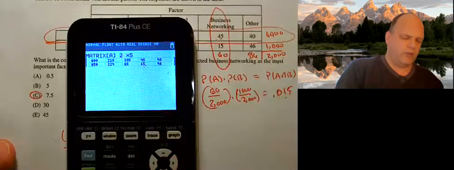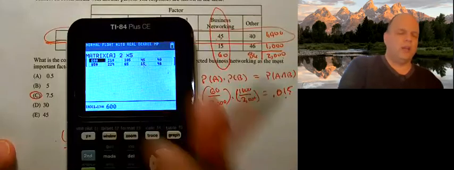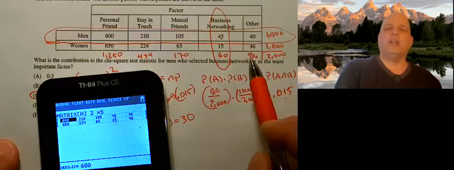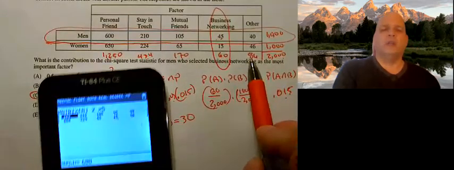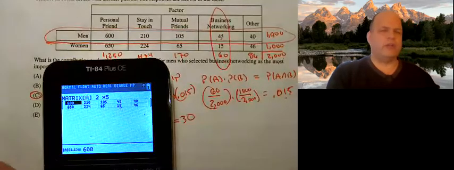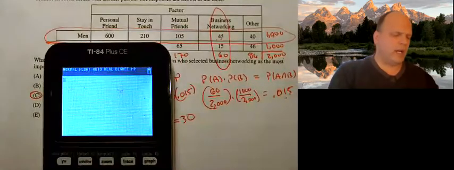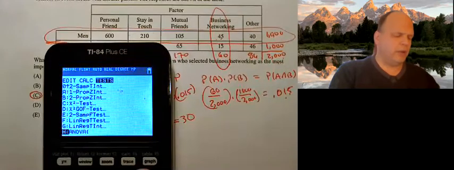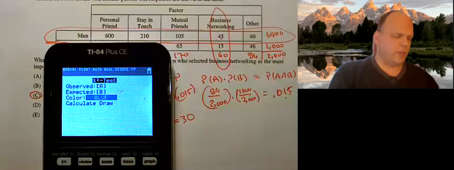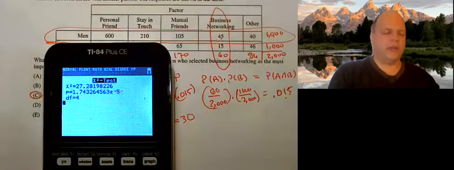So 2, enter, 5, enter. And then I enter the data into the matrix. I do not need to include the totals. All right, so I've done that. Now, once I've done that, I just clear the screen. I'm going to go ahead and run a chi-square test for independence, or just a chi-square test. Press enter and calculate. And it calculates everything for me.